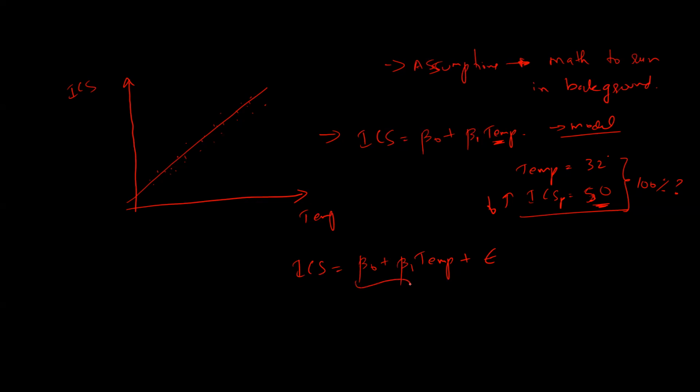Now, this is my calculated part, whereas the error just represents that instantaneous feeling of whether I should eat ice cream or not. Are you guys with me? Yes, sir.